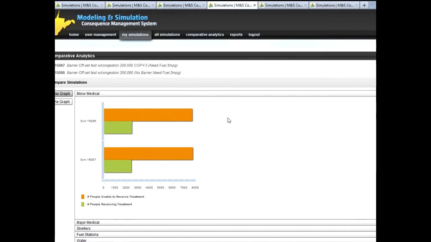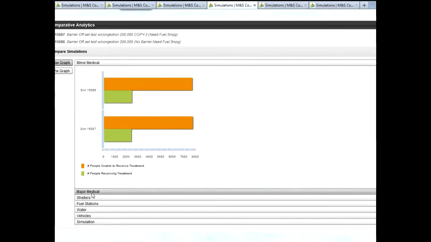Now we can start seeing some sensitivity or relationships between the two. We can view the information for minor medical, major medical, shelters, fuel stations, water, vehicles, and overall simulation elapsed time.